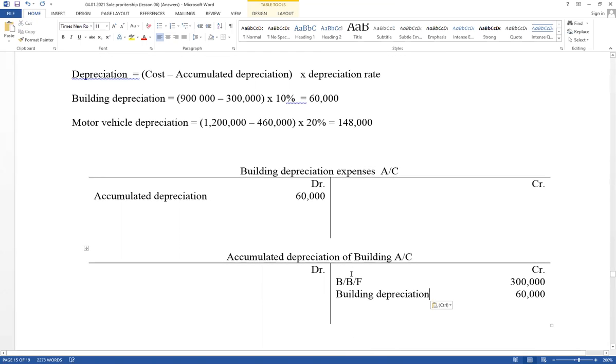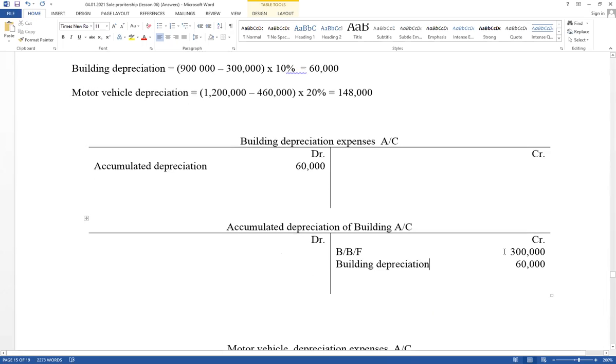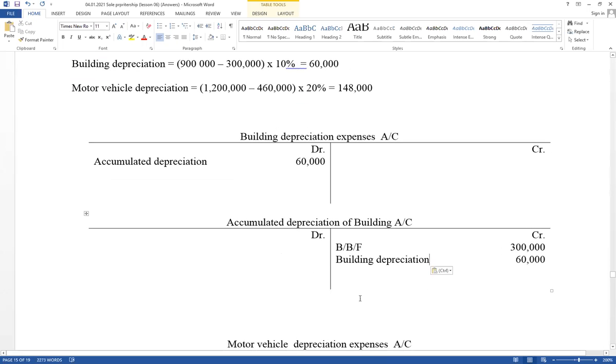Think about double entry, the opening balance available. Then this value should be included in the income statement under administration expense. But in the financial position, the closing balance should be included. Therefore, you have to calculate the closing balance. On the credit side, take the total value, 360,000. Take that value on the debit side, 360,000.